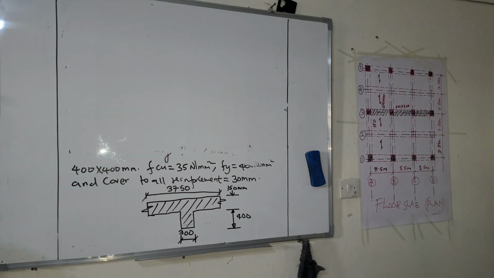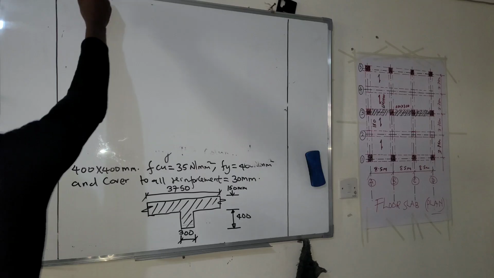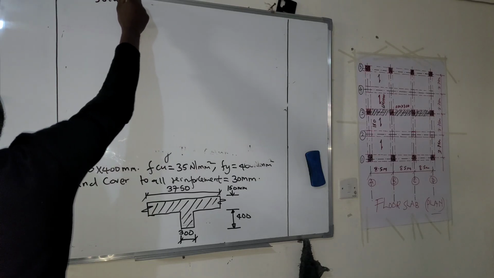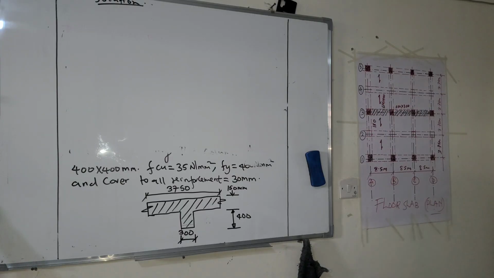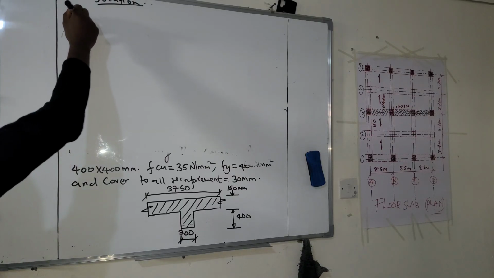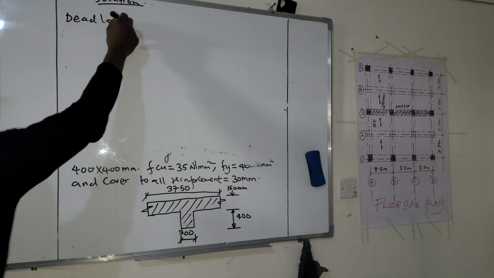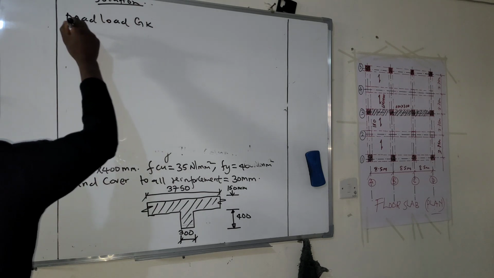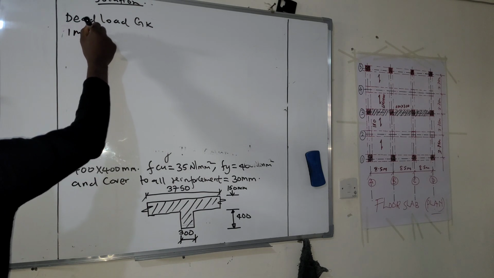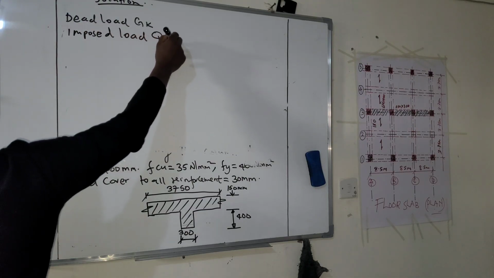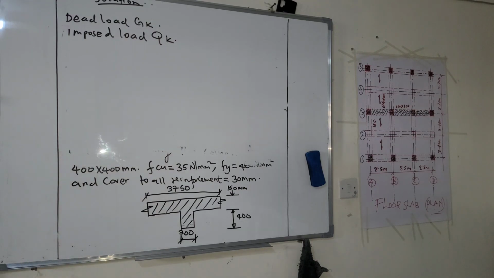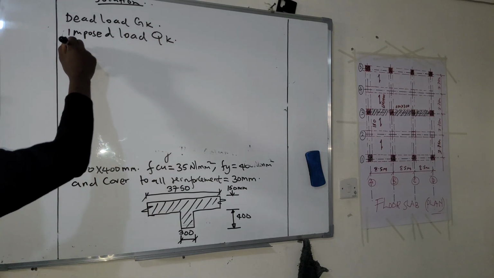So solution, the first thing to do is to calculate the loading. So we have the loading, and we have the dead load, which is Gk, and we also have imposed load, which is Qk. So we will start by dead load.